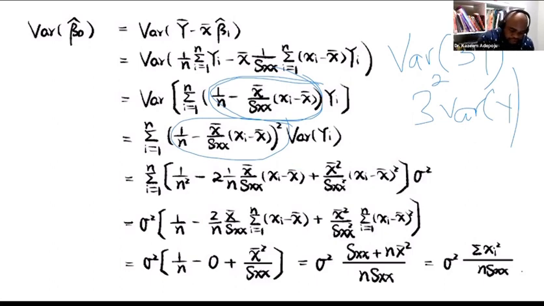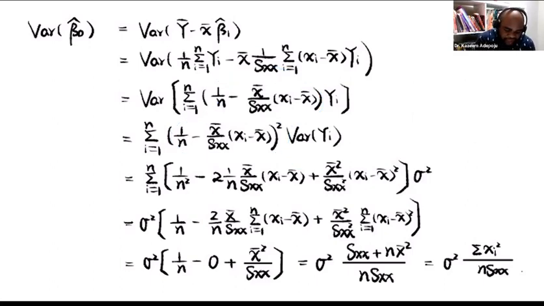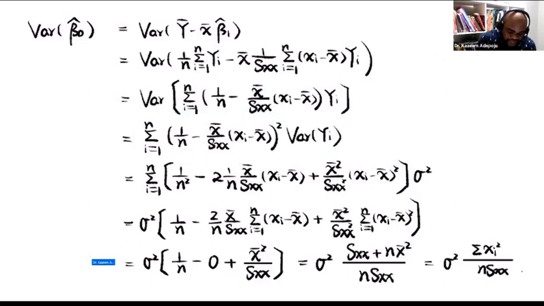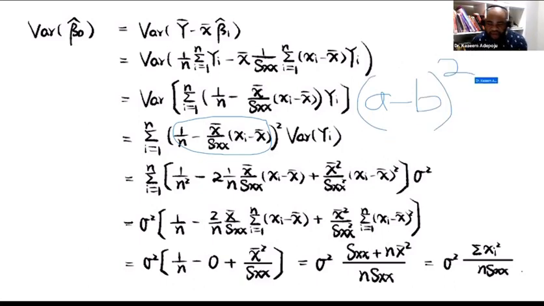Now the next thing I'm going to do: I need you to pay attention to what you have inside here. You need to remember from mathematics, when we have a minus b all squared, it's going to be a squared minus 2ab plus b squared.